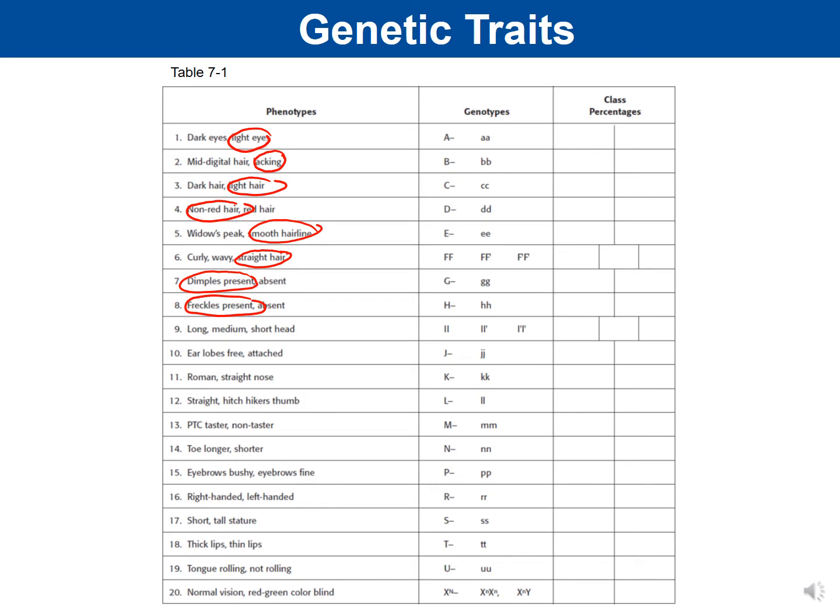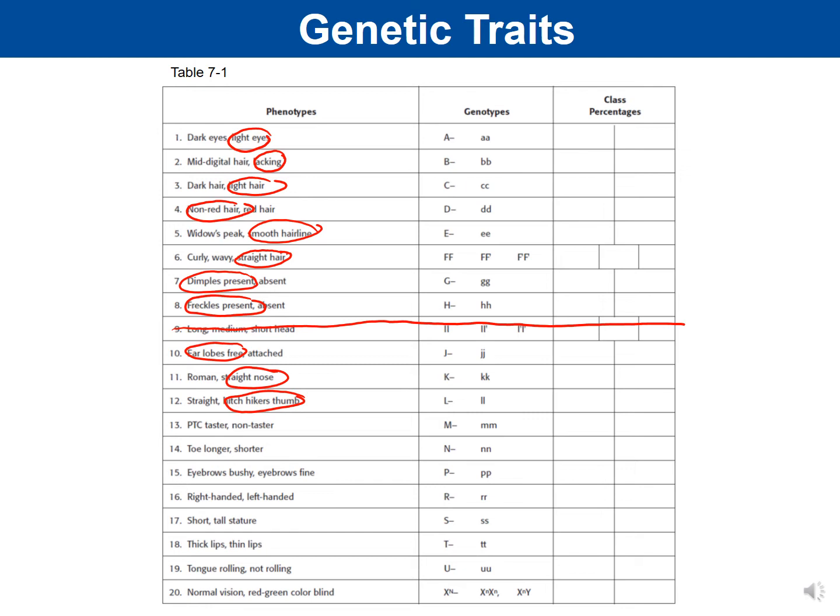Long, medium, and short head involves using a caliper and measuring the length of your head and the width of your head. You don't have that at home, so you're just going to cross this entire trait out. You cannot determine which one you have. You don't have access to this tool. Earlobes free or attached. I have free. I have a straight nose. I have a hitchhiker's thumb.